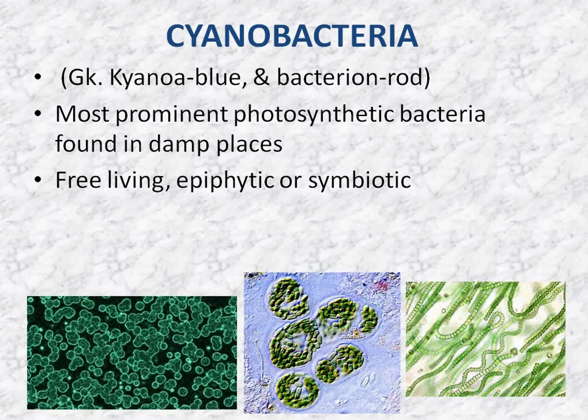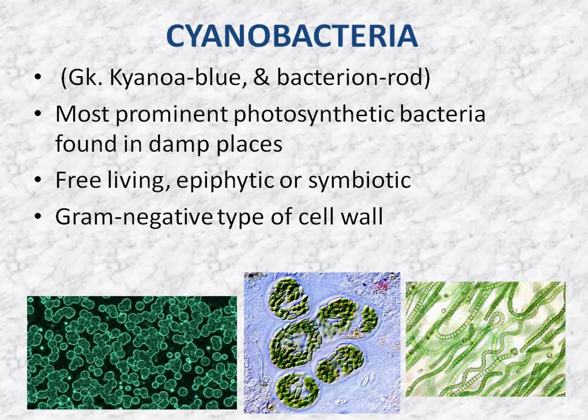They get their moisture from the air or from the rain or from the dewdrops. And symbionts, I think you are familiar with the term symbiotic, are two organisms which are mutually living together and both are getting benefit from each other.